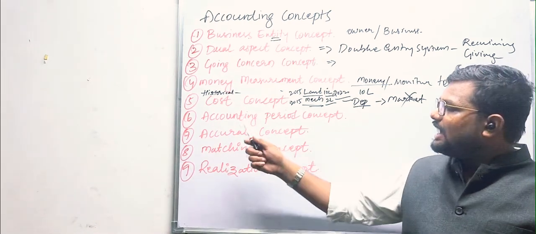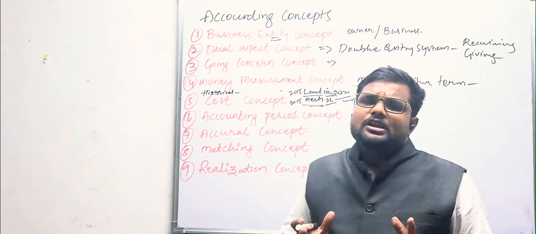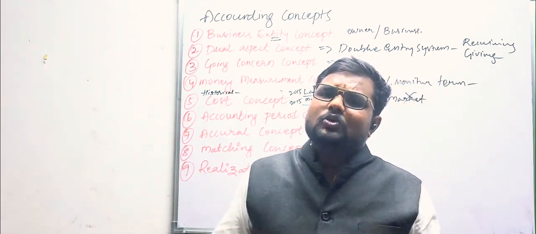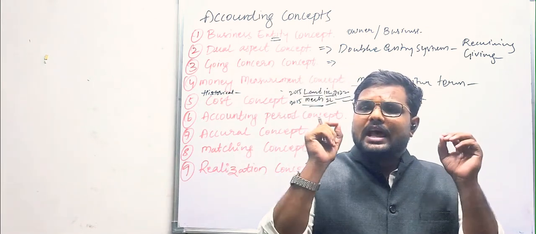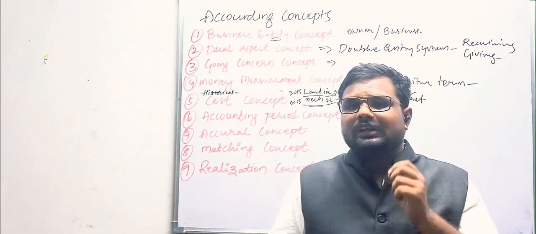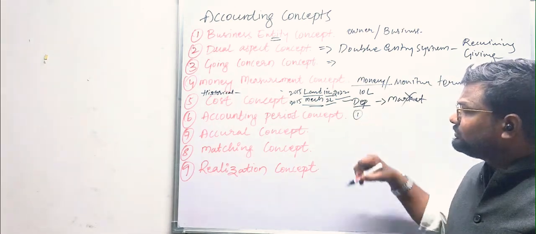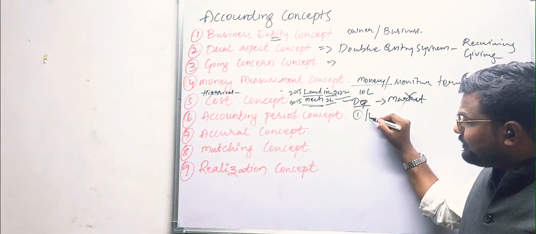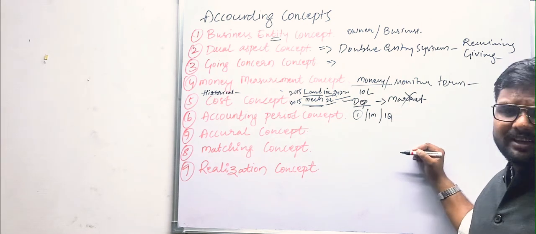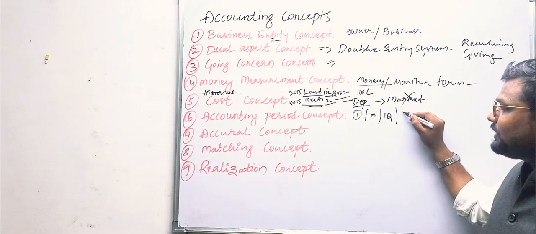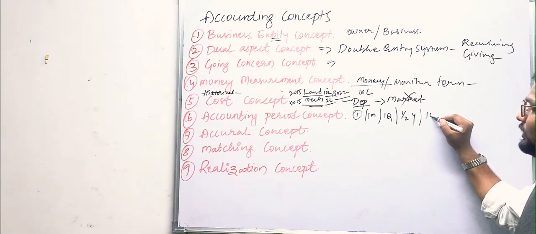Next one is the accounting period concept. For any business, you need to follow one particular accounting period. Accounting period can be for 1 day, it can be for 1 month, it can be for 1 quarter, 3 months, it can be for half year, it can be for 1 full year.